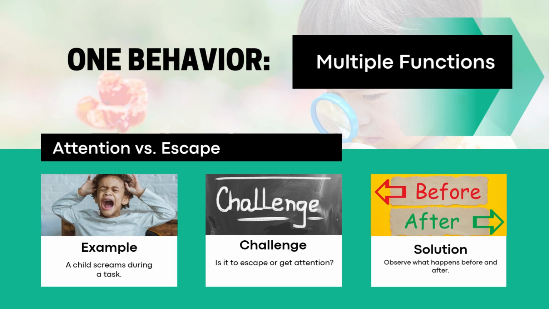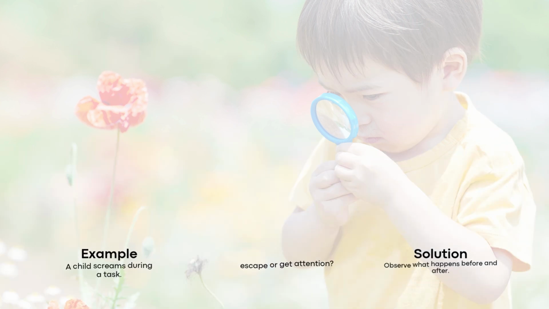And this is why it is so important not to jump to conclusions. Instead, we need to rely on observation. What happens before and after the behavior? By using ABC data, we can gather clues and make more accurate decisions when designing our interventions or implementing them.